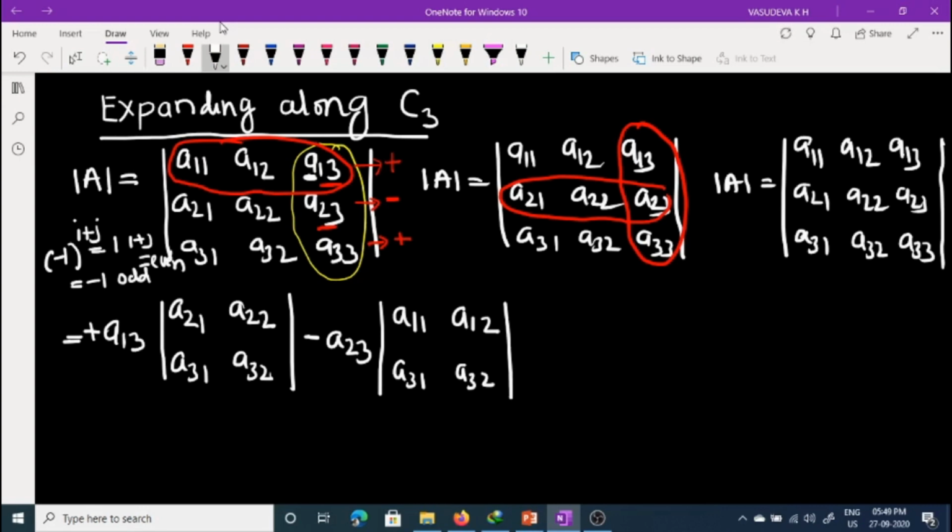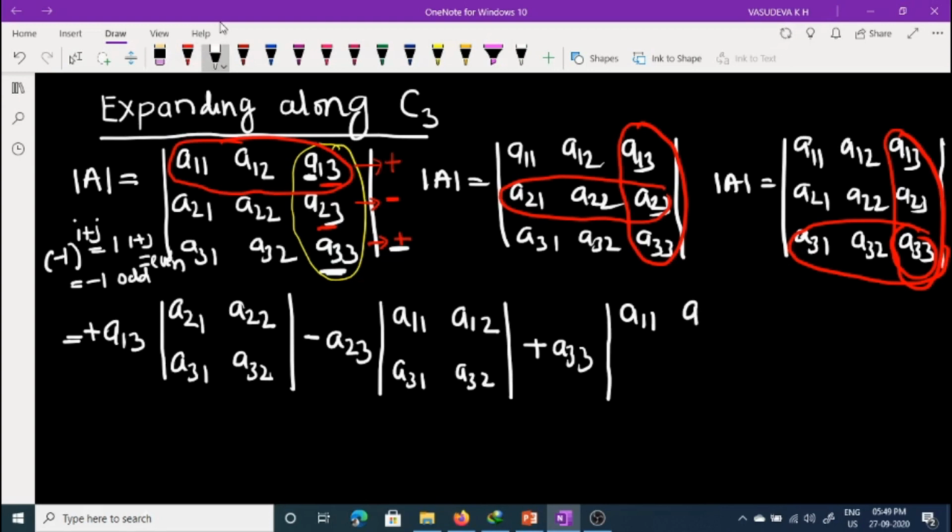Now the next element is a33. The sign of a33 is plus, so plus a33 into determinant of... a33 lies in the third row, third column. Leaving those elements, we have a11, a12, a21, a22.